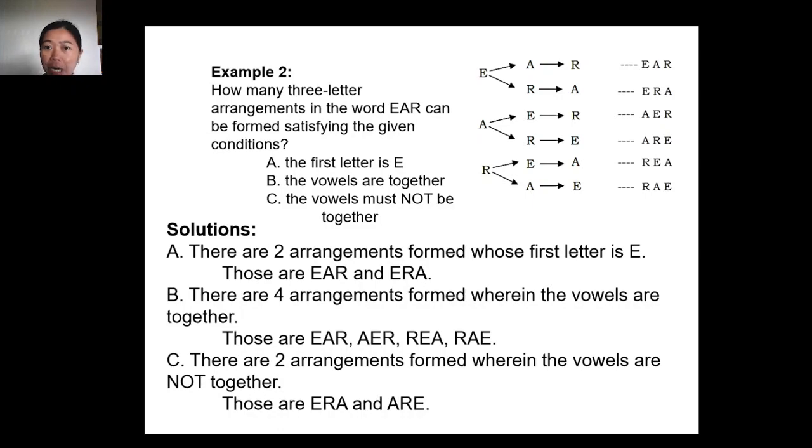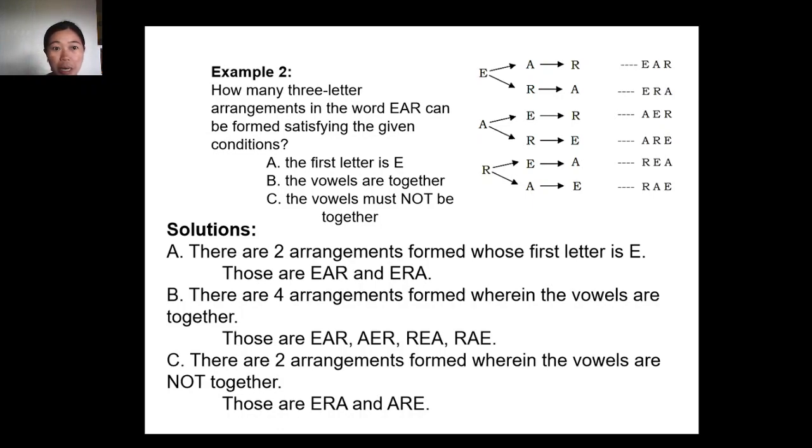So looking at the illustration at the right, the arrow diagram of the three letters of the word ear, the final answer on the right side, we have 6 possible arrangements.